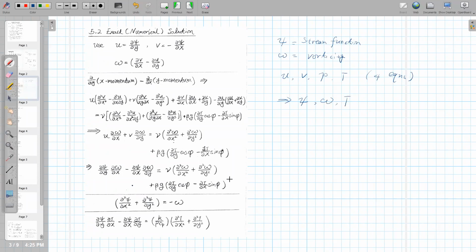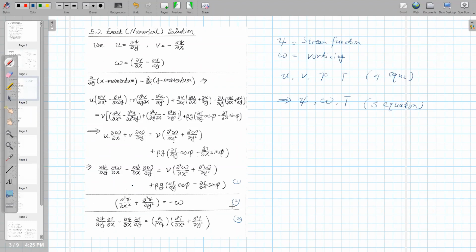And we also have 3 equations left: one derived from the momentum, one derived from the energy, and one just the relation between the stream function and the vorticity.